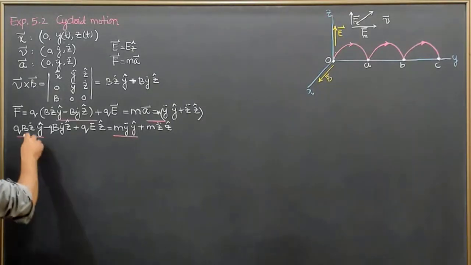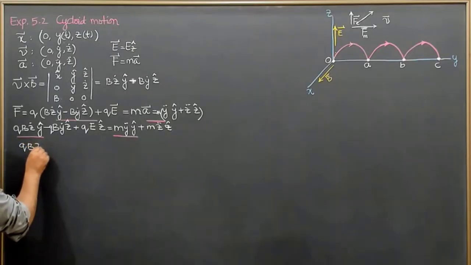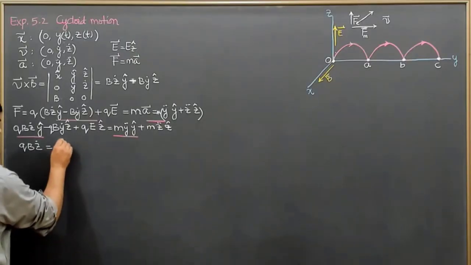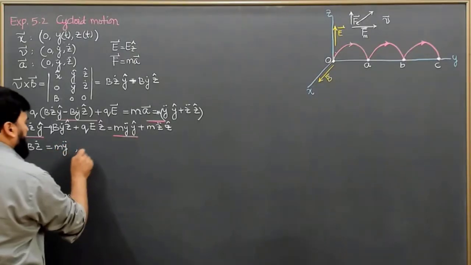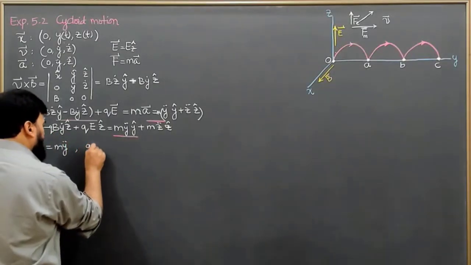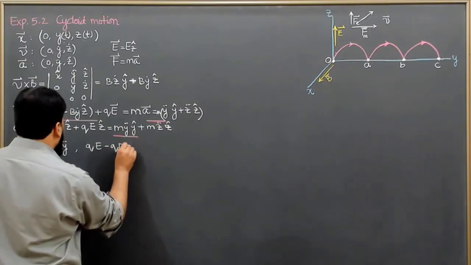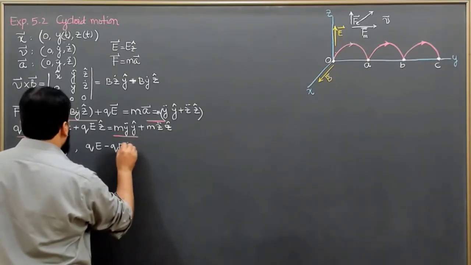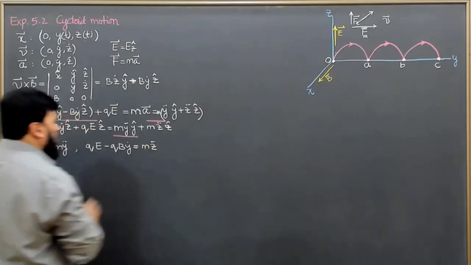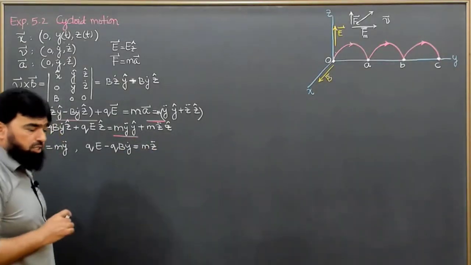So QB z dot is equal to m y double dot, and QE minus QB y dot is equal to m z double dot. So this is the y component and this is the z component.